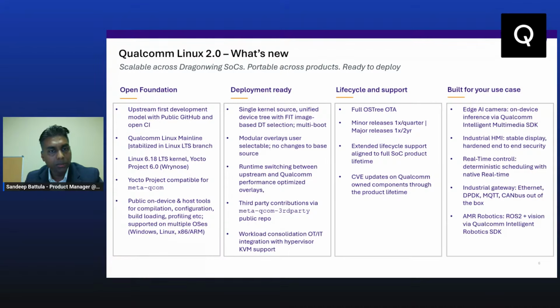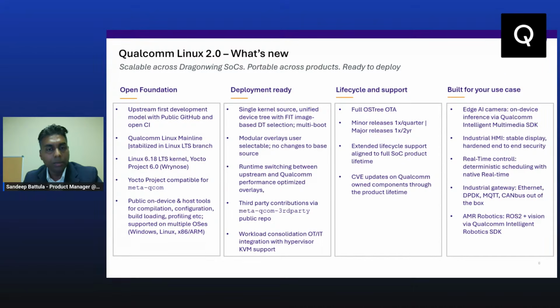On Qualcomm Linux 2.0, we moved to a completely Upstream-First development model with a public GitHub and OpenCI. This model is supported through an open source branch called Qualcomm Linux Mainline, which is our Qualcomm development branch, and that's the tip of our development.